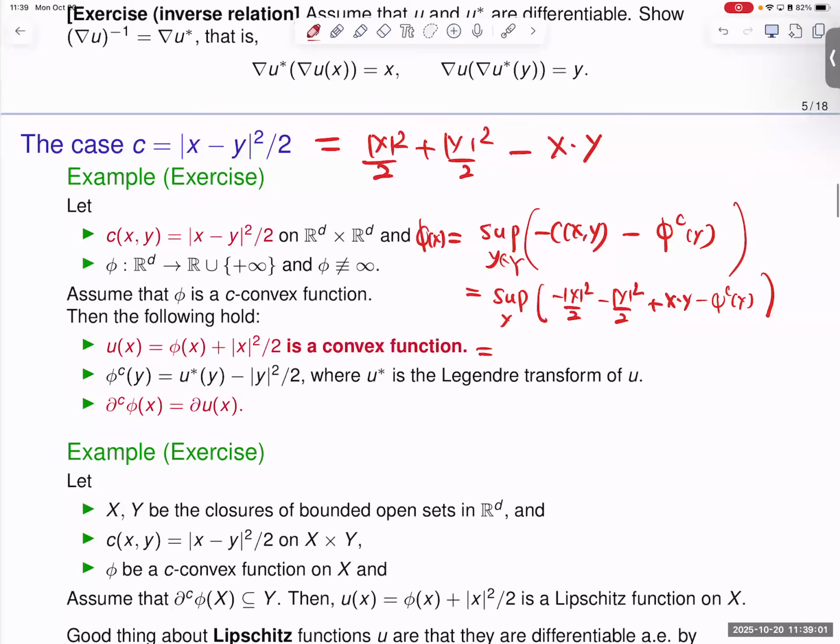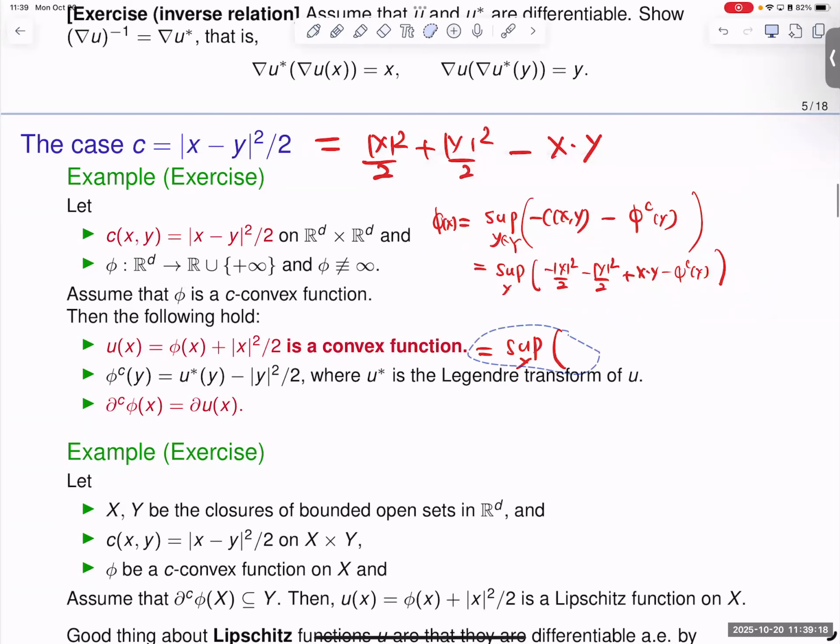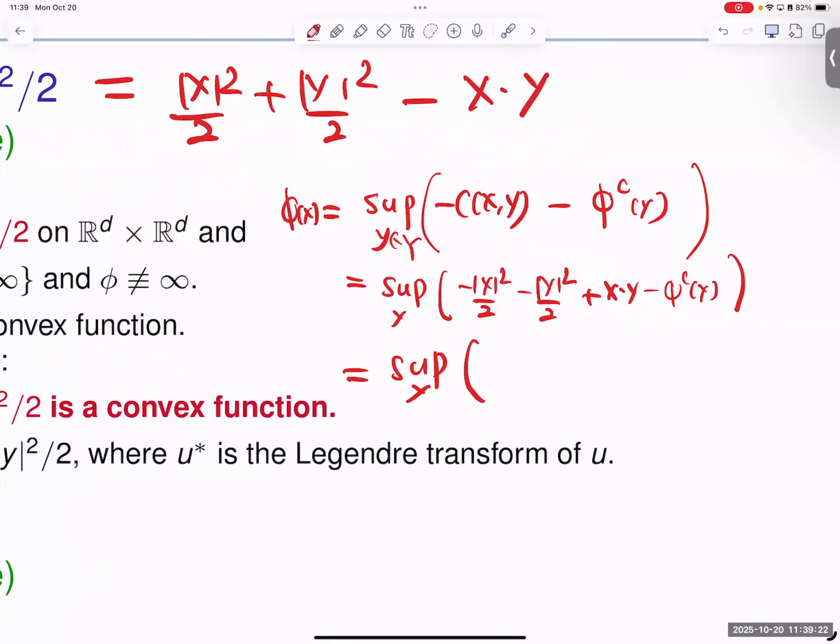So if you rearrange things, first of all, x squared is independent of y, so it can be outside of the supremum.